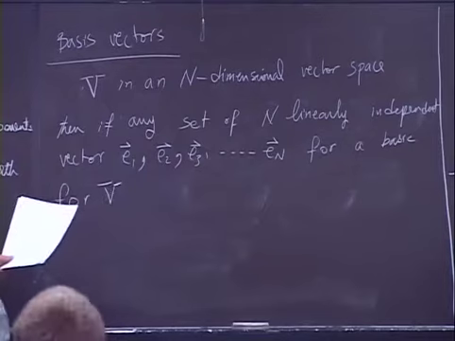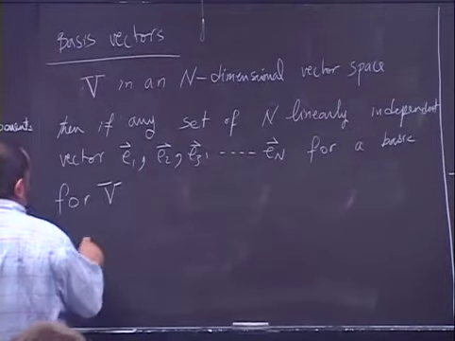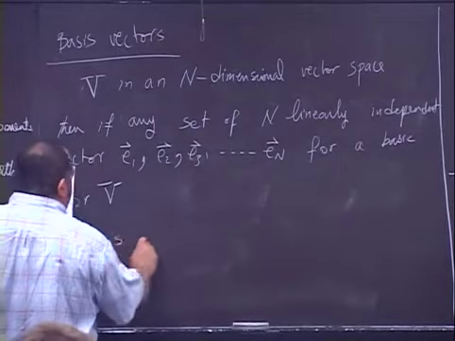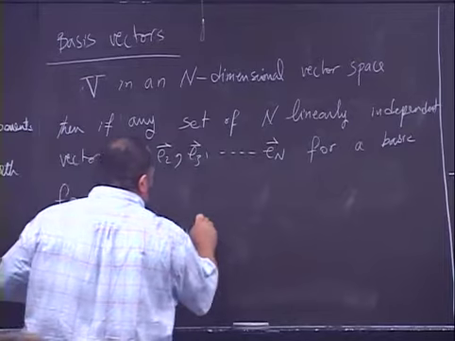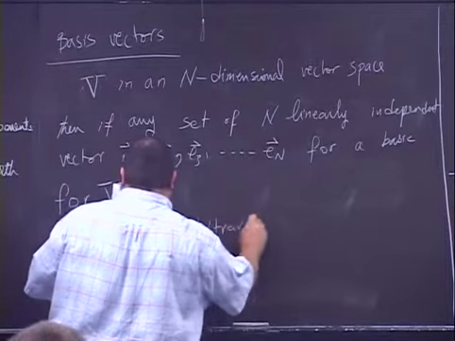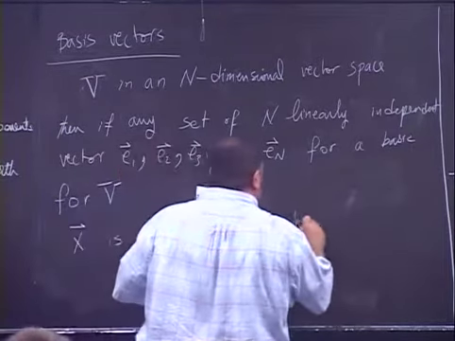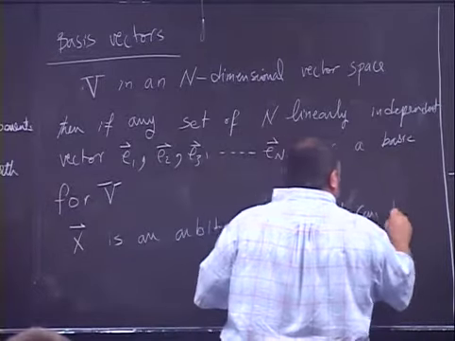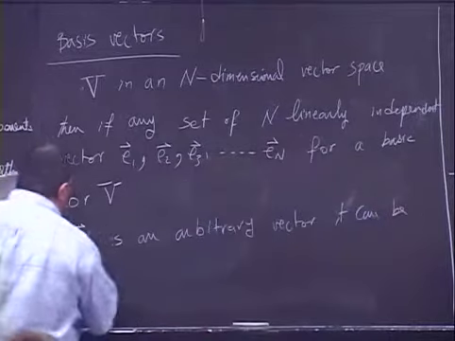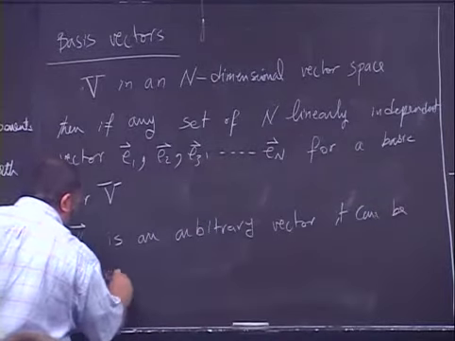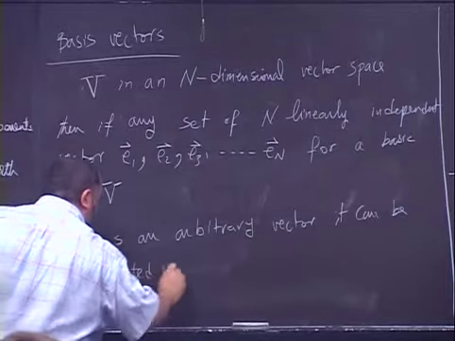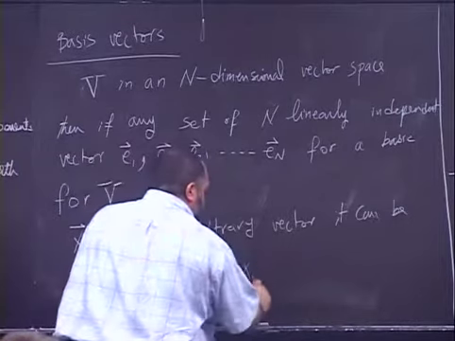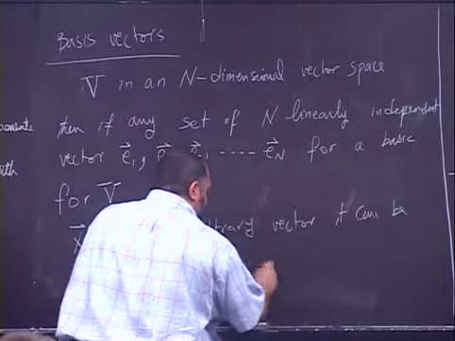And in this case, if we have X, an arbitrary vector in V, it can be represented by X equal to the components in the direction of those basis vectors.